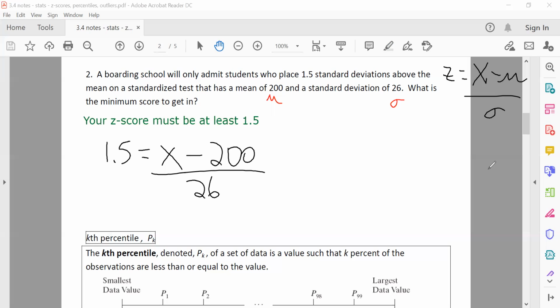So we just rely on our basic algebra. This 26 is dividing, so I don't like it. So let's multiply both sides by 26. You're going to get 26 times 1.5 is 39. 39 equals x minus 200.